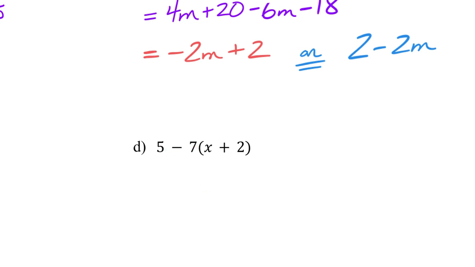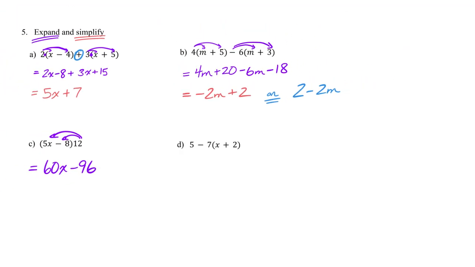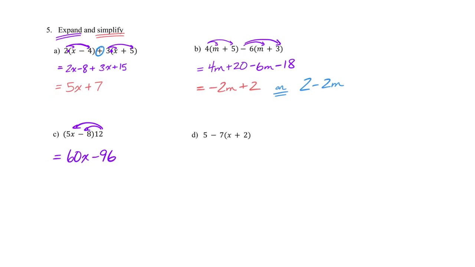So I need to make sure that when I look at those operations, I don't touch that minus out in front. So what I need to do then is expand in my negative 7. So I'm not going to touch the 5. When I expand in my negative 7, I get that. And now I'm going to spend a line simplifying.